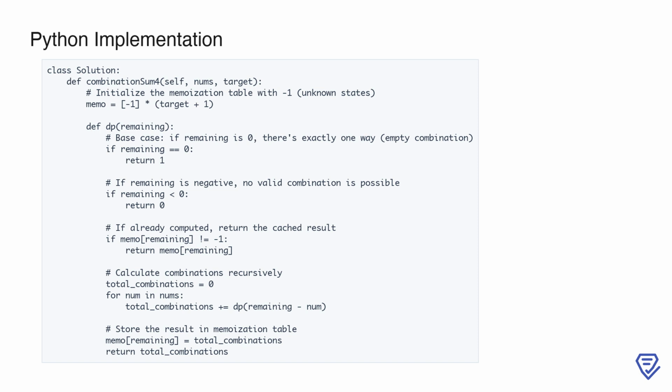Otherwise, we calculate the total number of combinations recursively by iterating through each number in nums and subtracting it from the remaining value. The results of these recursive calls are summed up to give the total combinations for the current state. Finally, we store this result in the memo table to save it for future use and then return it.